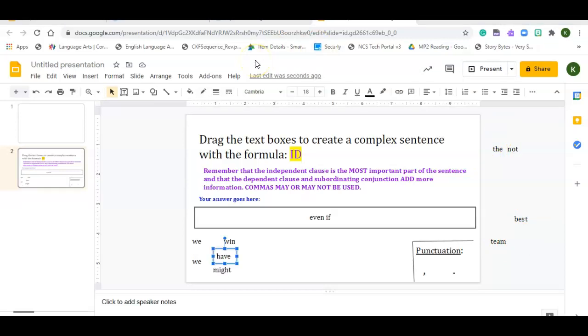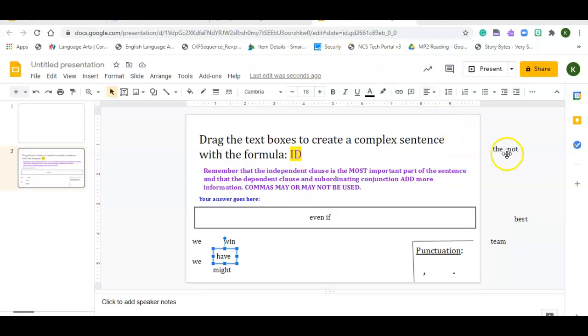So my next step is to look at my subordinating conjunction, and I have to know its purpose. So the phrasing even if is really telling me a contrast. It's telling me a difference. So now I need to know, well, if one thing doesn't happen or doesn't occur, then this might happen or this might occur.